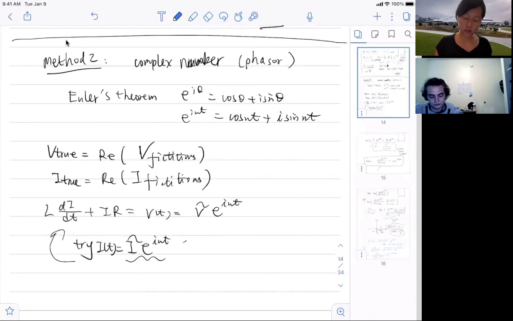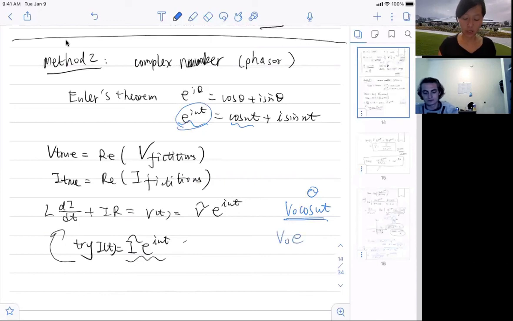We had V naught cosine omega t as our source. Instead of writing this, we take it as the real part of a complex number. So we rewrite our V using V naught e to the i omega t instead of cosine omega t, and then find our current, which is also complex. Then the real part of this current will be the physical current we want to solve for. Does that make sense?